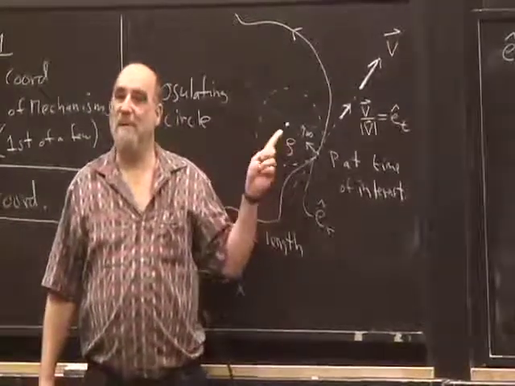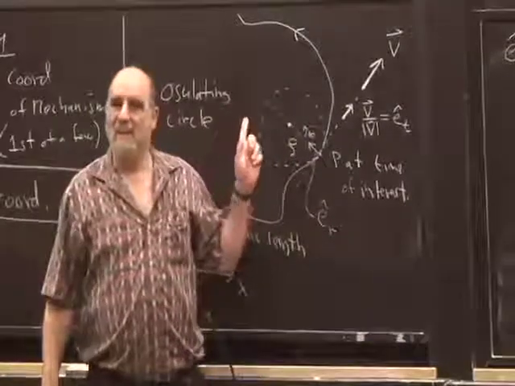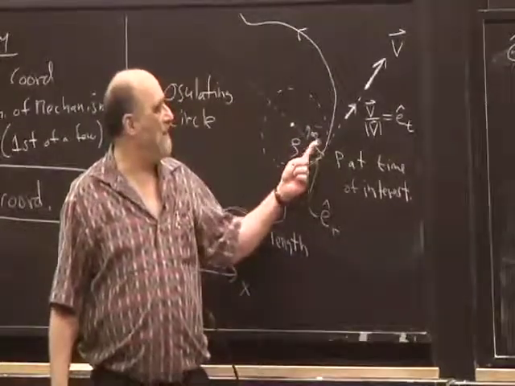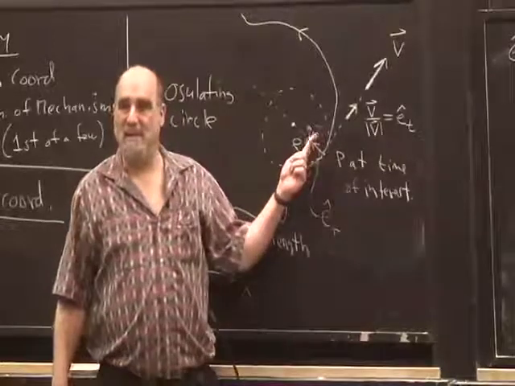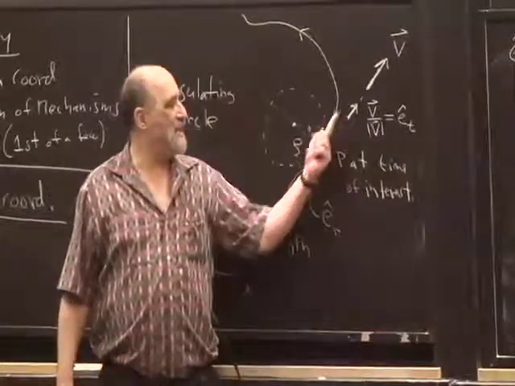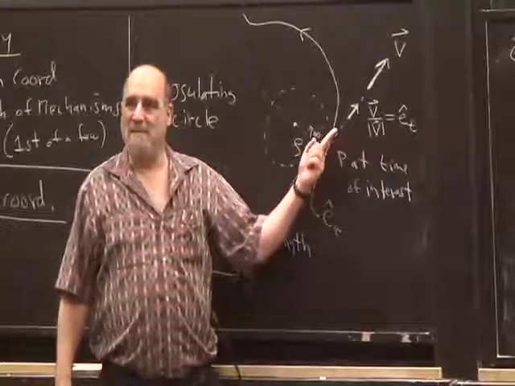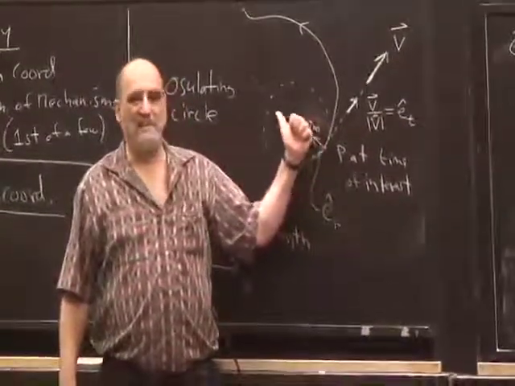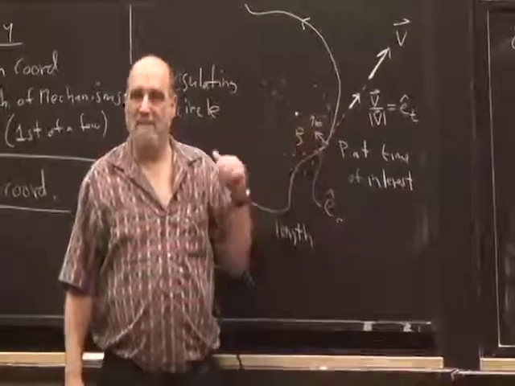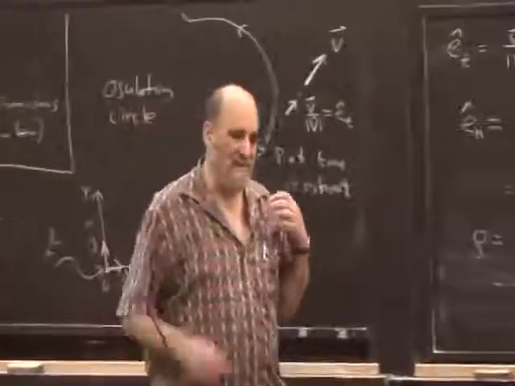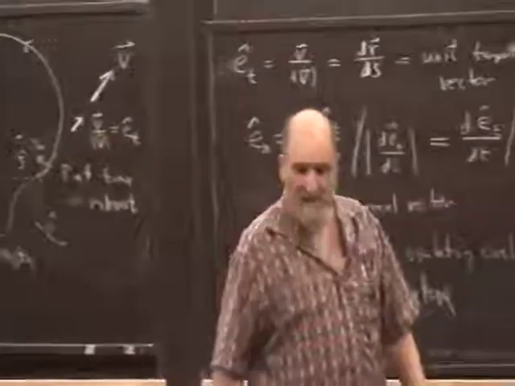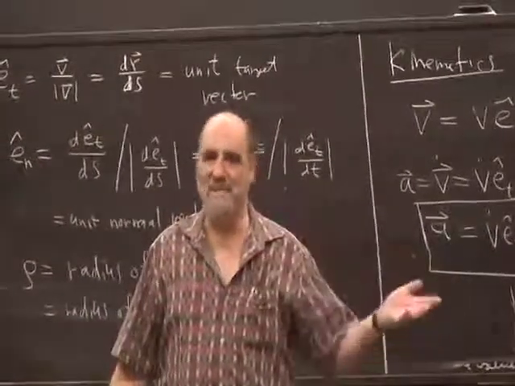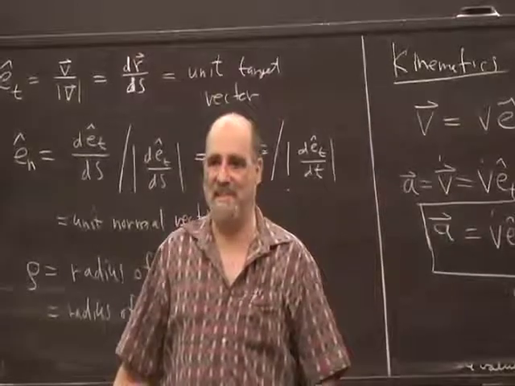So we have this intuitive fact that we can think of any particle as it moves in any complicated way as having an acceleration that has 2 parts to it. One part is that it's changing its speed, and that gives you an acceleration tangent to the path, and one part which says it's changing its direction, and that's this v squared divided by the radius of curvature. So that's just a fact that we can use for intuition, independent of whether we know the particle's path in Cartesian coordinates or polar coordinates or anything else.